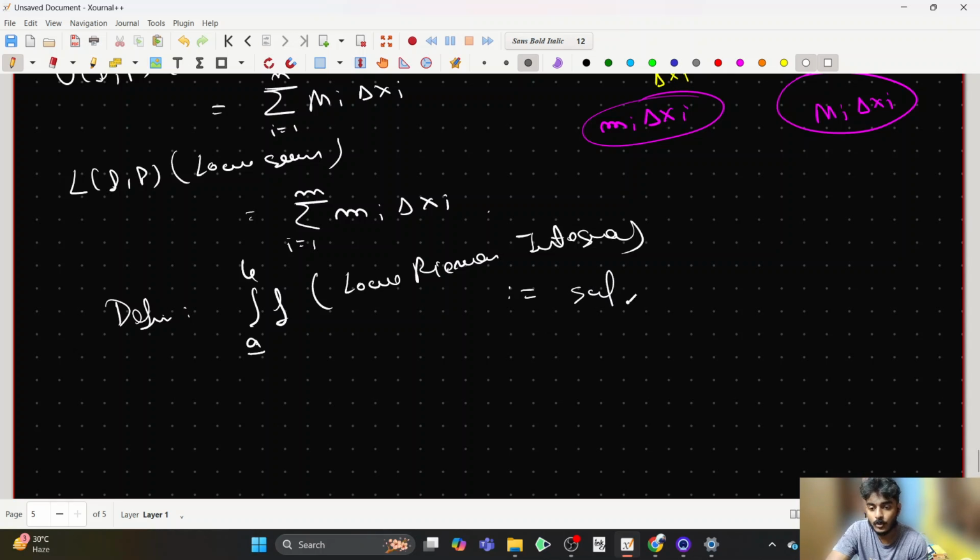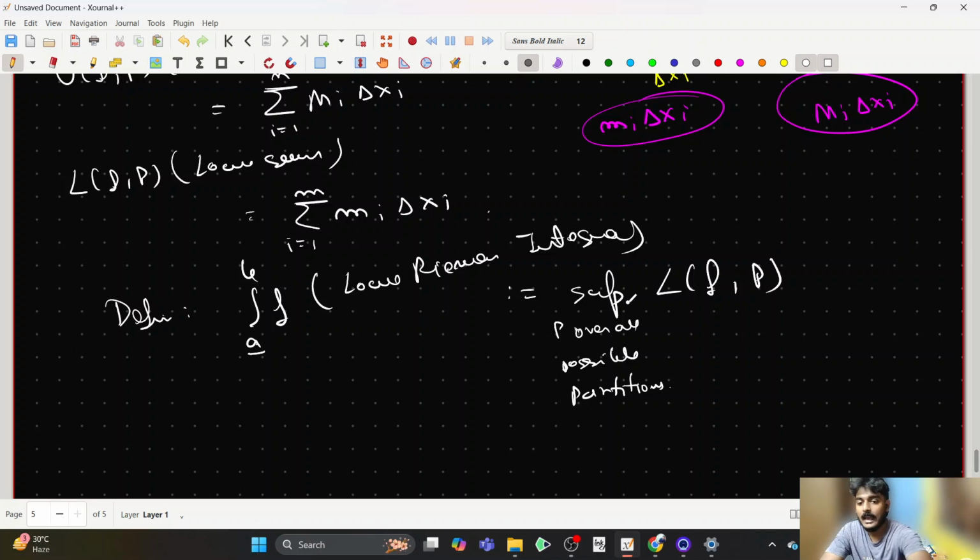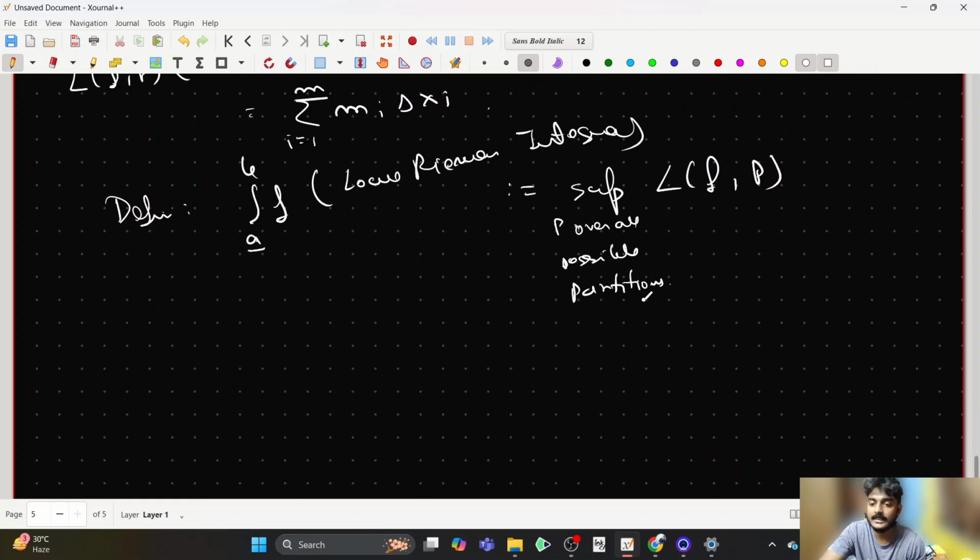So I need to take the supremum of all the lower sums as the partition P varies over all possible partitions, because varying the partitions is equivalently varying these rectangles, right? Getting my idea? Fine. So this is the maximum possible total area of all those rectangles which approximate the curve from below.